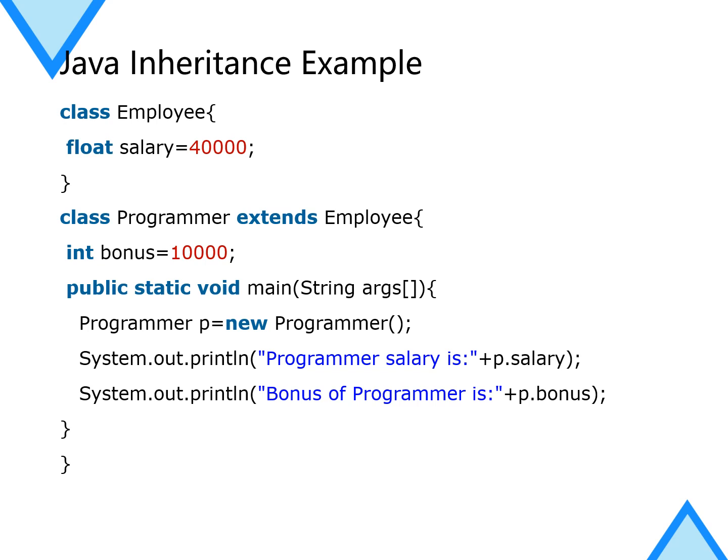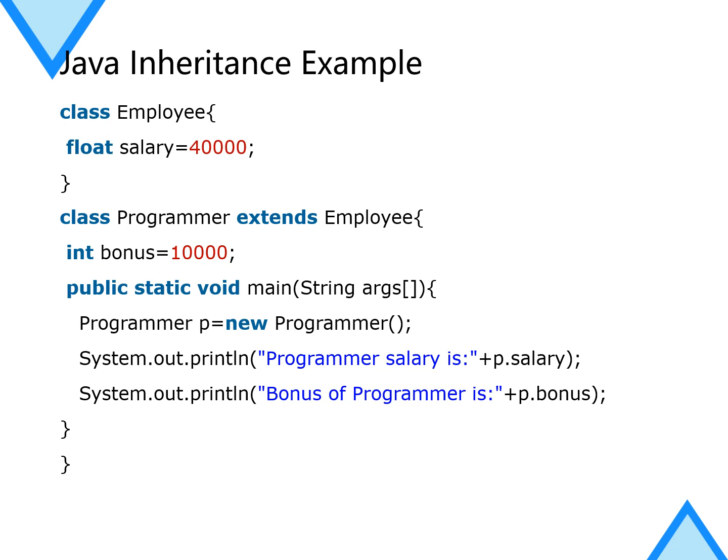The name of the child class is programmer, and the name of the object is p, and we use the keyword new in order to allocate memory for the data member bonus and the data member salary. Okay, so we declare one object p, and now we will be able to access both the data member of the parent class and the data member of the child class.